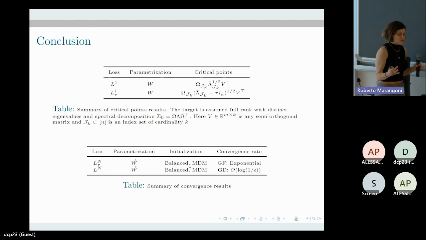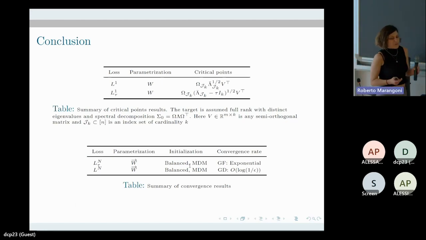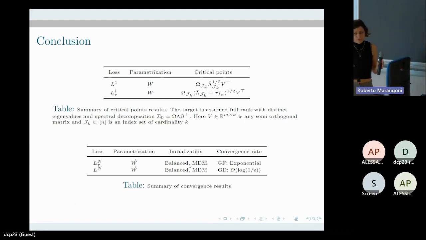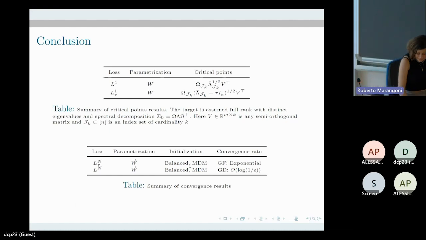We have managed to find the critical points of every type of loss, depending on the search variable, but we are not able to connect the critical points with the convergence results, that is, that gradient descent converges to one of the critical points.